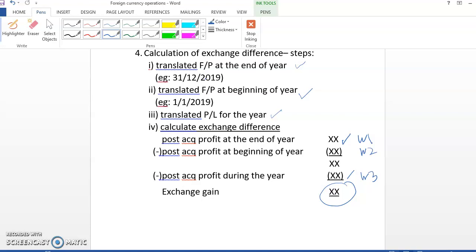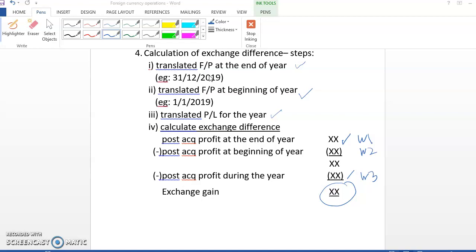The company was acquired on the 1st January year 7, so the rate for ordinary shares and pre-profit is 3. And the balancing figure, 700, shows the post-acquisition profit at the end of the year that you will insert in the calculation of your exchange difference.